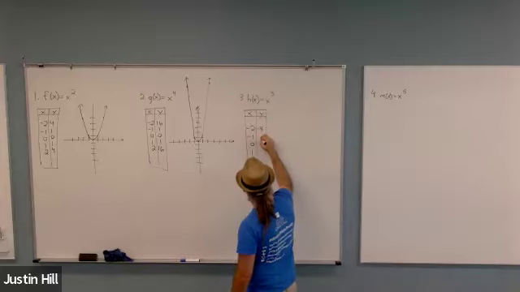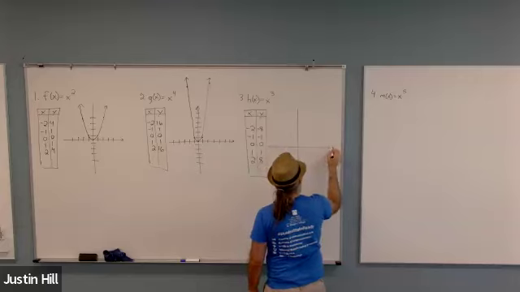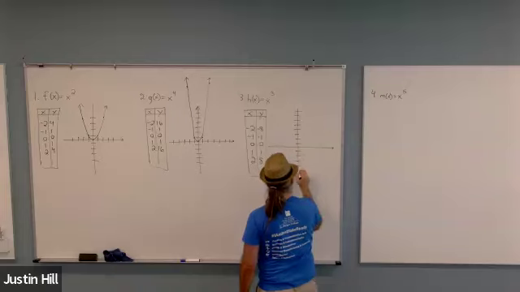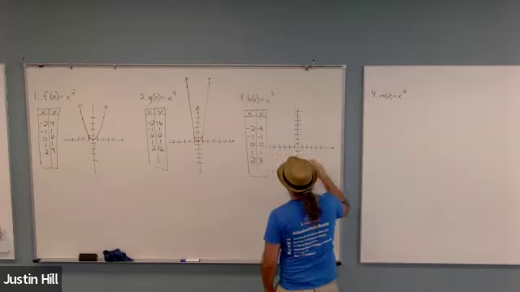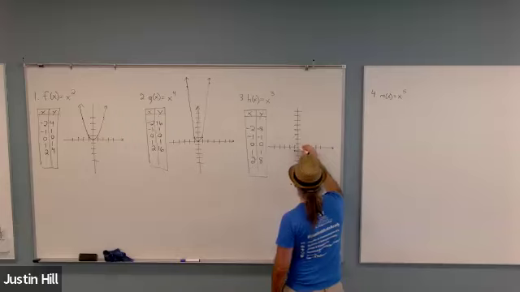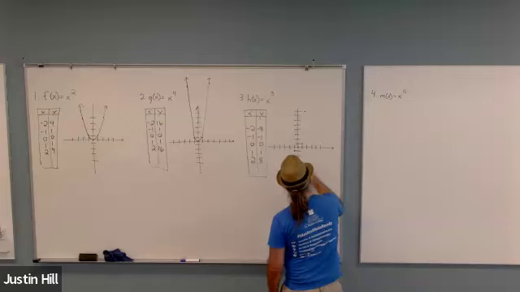And then negative 1, and then 0, and then 1, 8. So we get the now familiar squiggle.